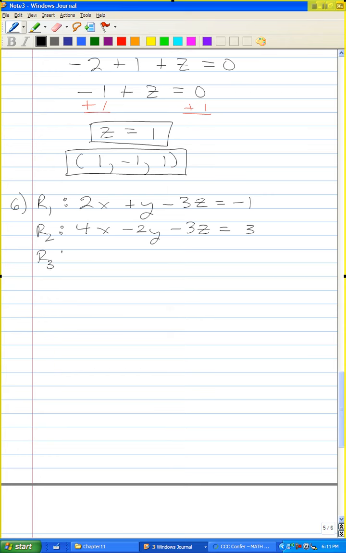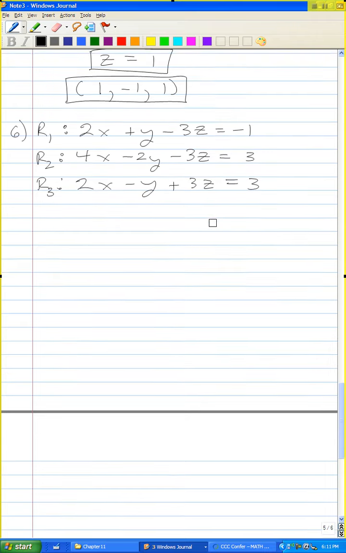Third equation, 2x minus y plus 3z equals 3. So actually it looks like z is easiest to eliminate, because if you add R1 to R3 and R2 to R3, you eliminate z. And so that actually looks pretty easy.